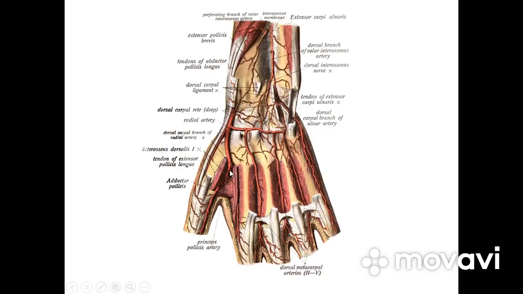Don't forget that from the radial artery begins the first dorsal metacarpal artery, which divides into 3 dorsal digital arteries and supplies the radial border of the second finger and both borders of the first finger. These arteries will supply bones, joints, ligaments, skin, interosseous muscle.